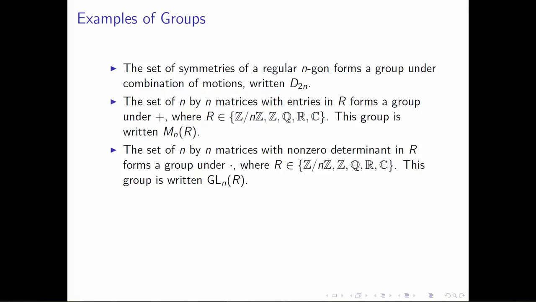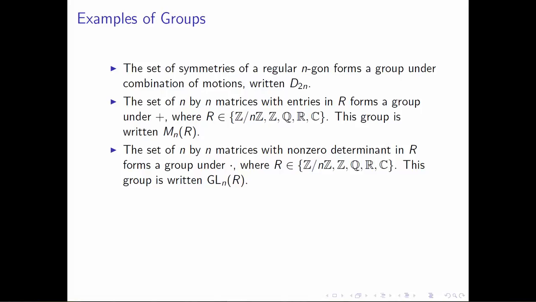Somewhat more interesting is if we take the set of n by n matrices, where n is a positive integer, that have a non-zero determinant in the set R, then this will form a group under multiplication instead of just addition if R belongs to Z mod nZ, the integers, the rational numbers, real numbers, or complex numbers.